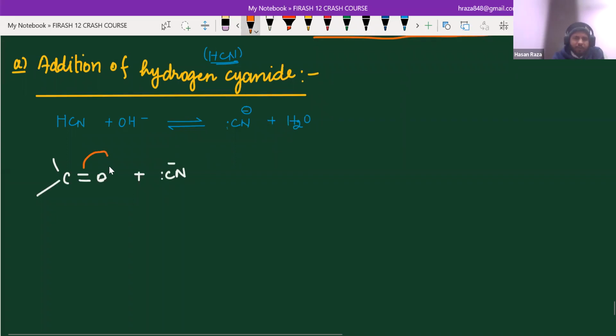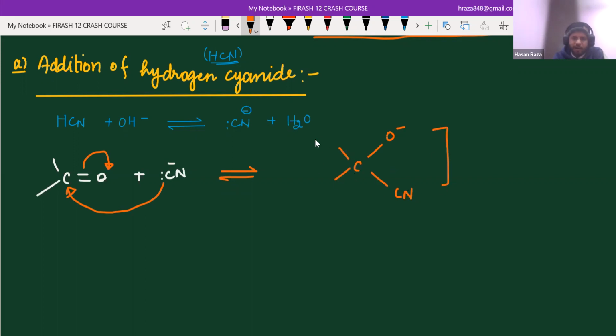As you know, oxygen is the more electronegative element, so it will take electrons from carbon, so the electrophilic center is on carbon, and the nucleophile will attack. Now see, there will be a tetrahedral intermediate, with O negative and CN attached, as you have seen in the mechanism earlier.